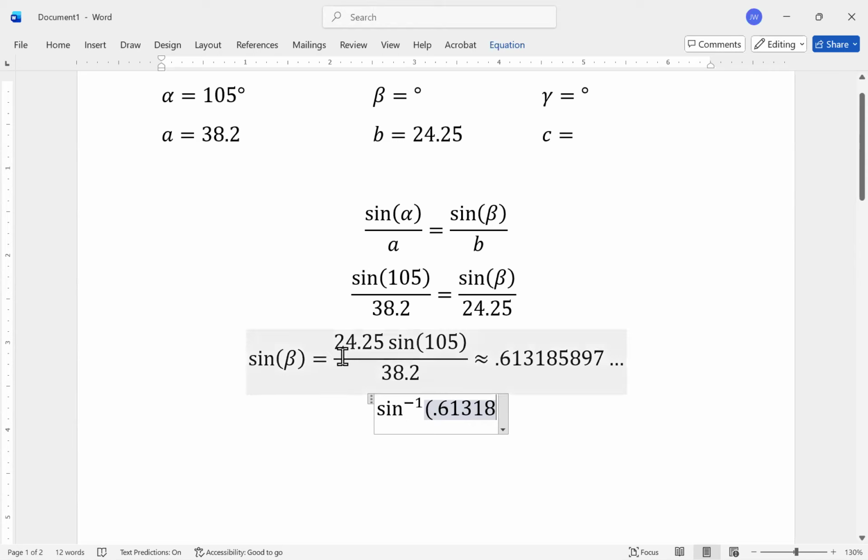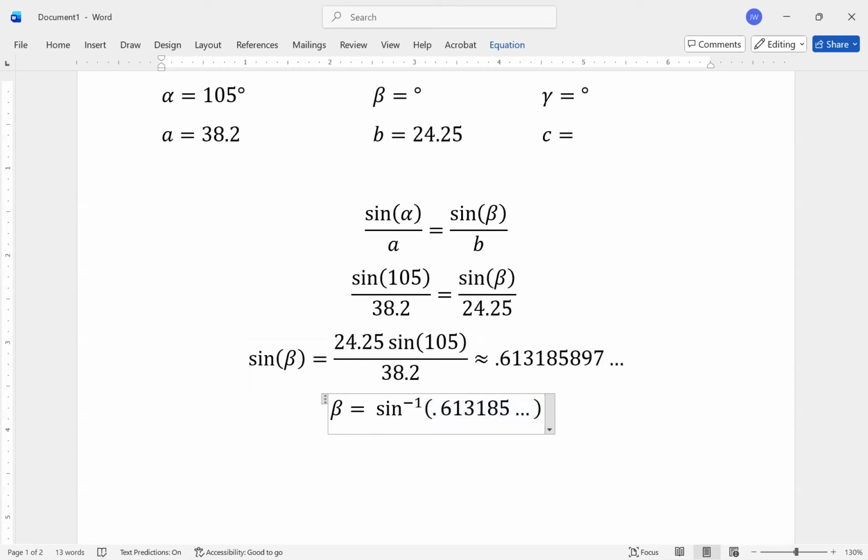Do sine inverse of this value here, whatever it happens to be. But for shorthand, I'm going to type in sine inverse 0.61318, making sure we get the exact value.